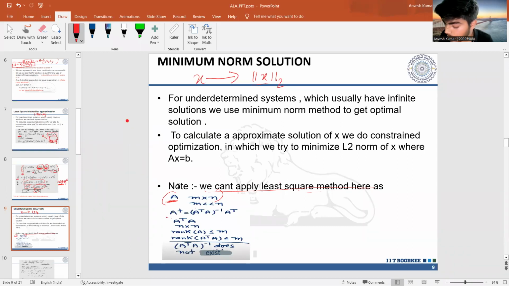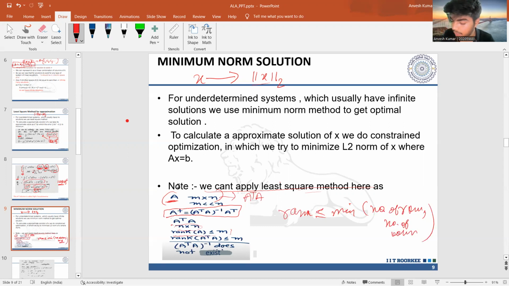So in the least square error method, we were calculating a right pseudo inverse, which is this. So we can see from here that A transpose A will be an N cross N matrix. And we can see that rank of A will be less than or equal to M, as the rank is less than or equal to the minimum of the number of rows and the number of columns.